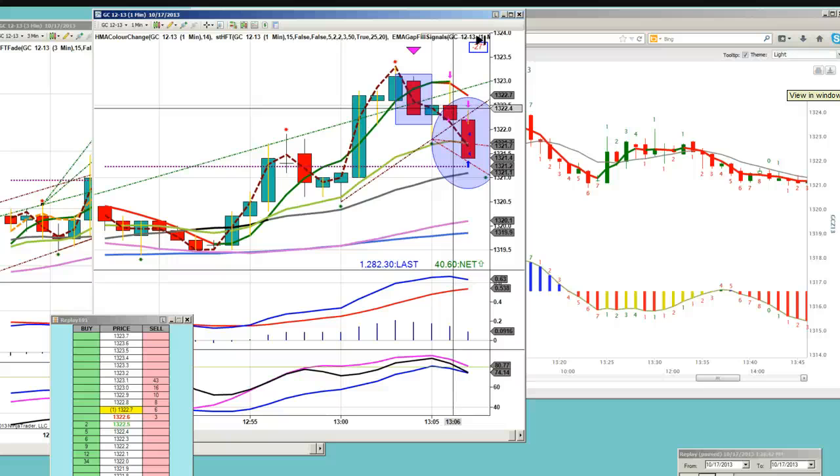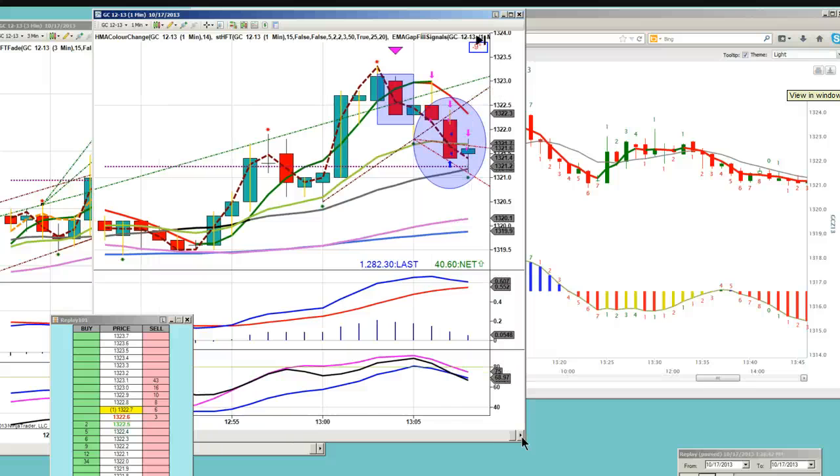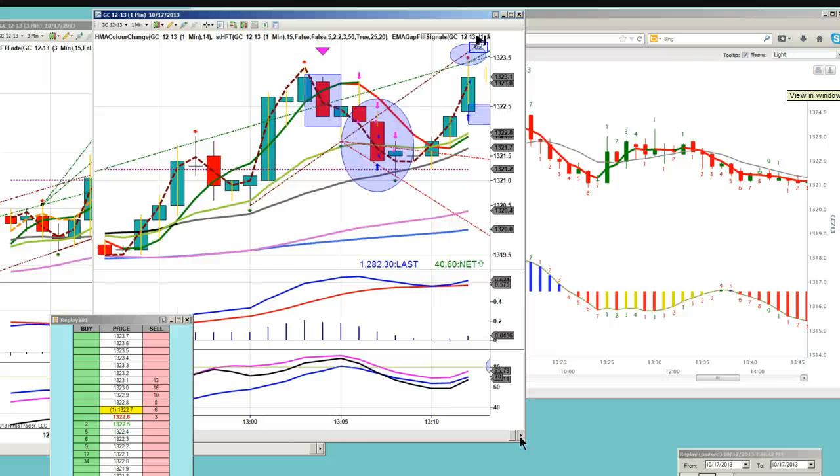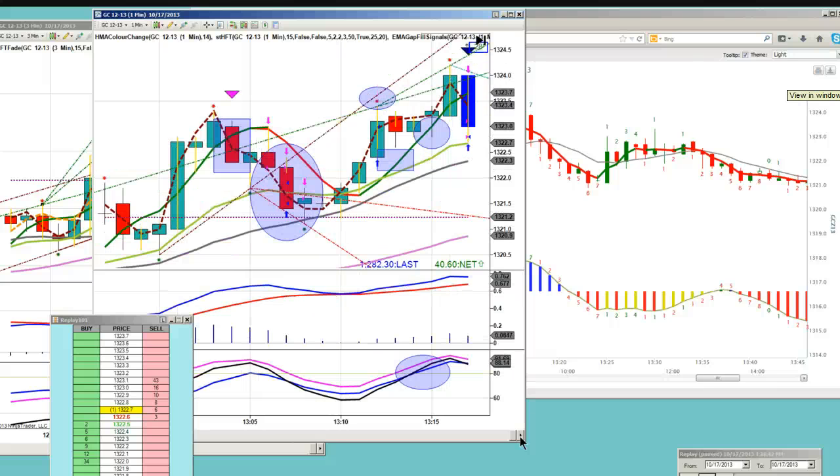This candle is on 1306, 1307. Sorry, wrong one. This one, 1318, 1319.